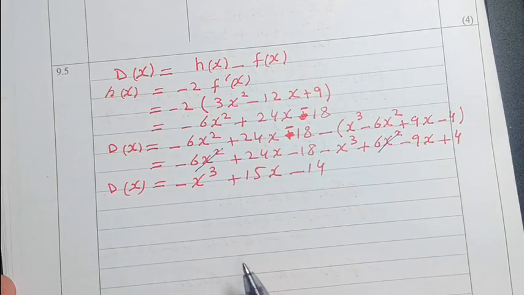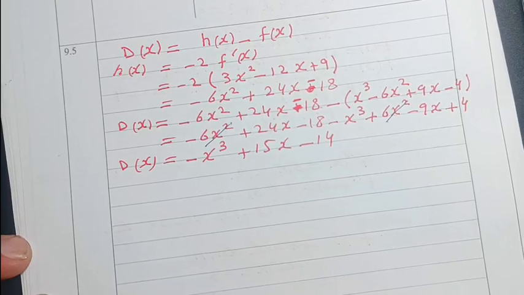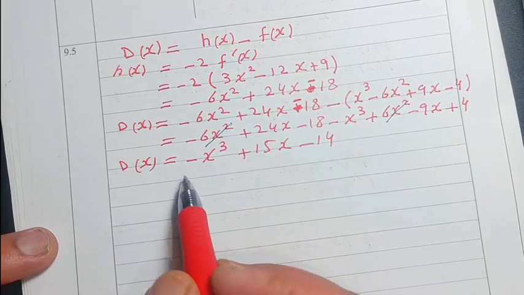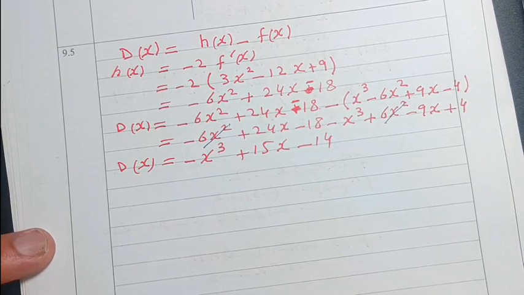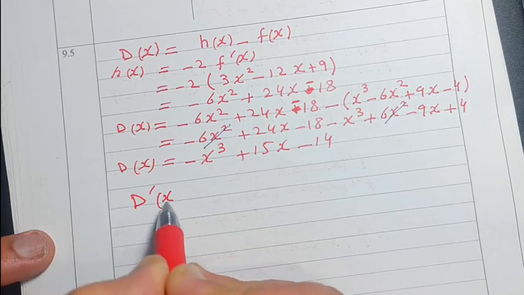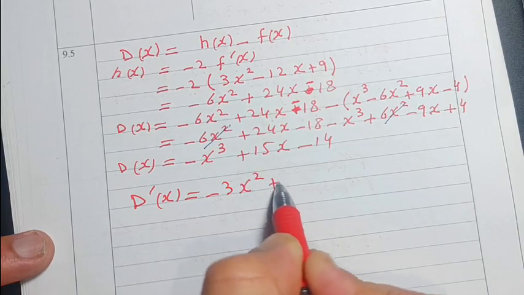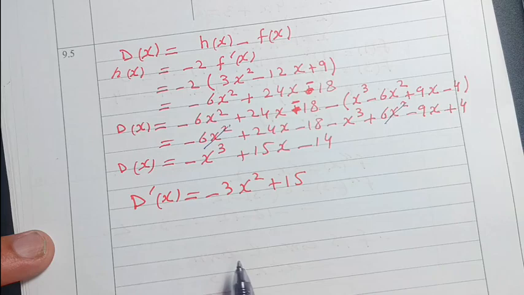To find this one, we need to find the first derivative. So I'm going to differentiate with respect to x. So it's going to be -3x squared plus 15. The derivative of a constant is 0.